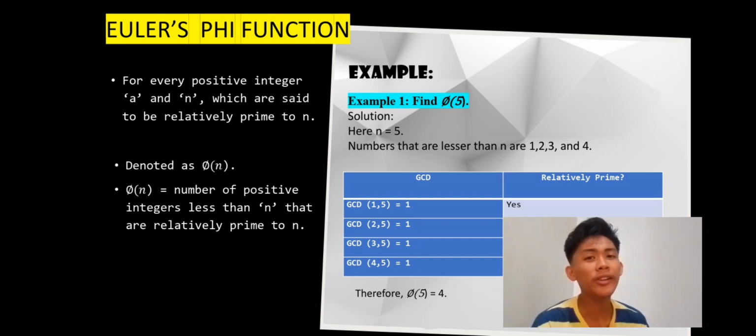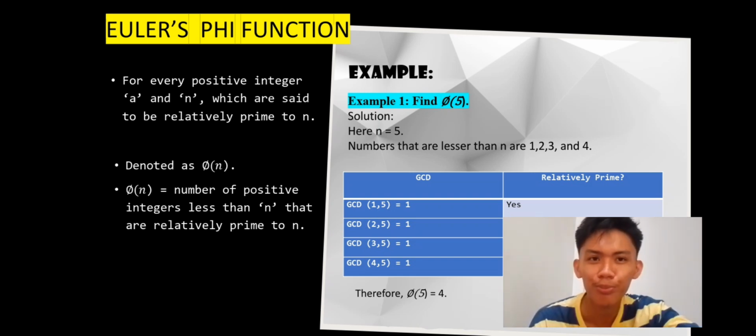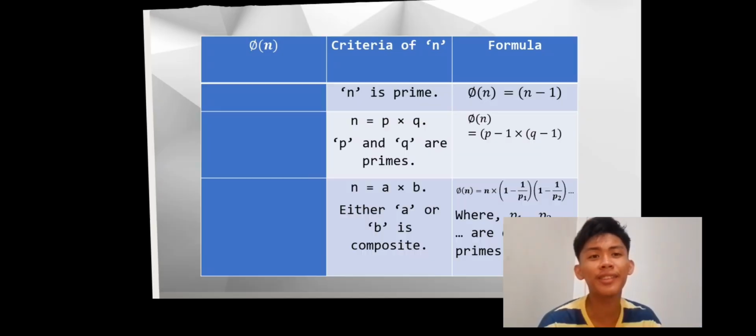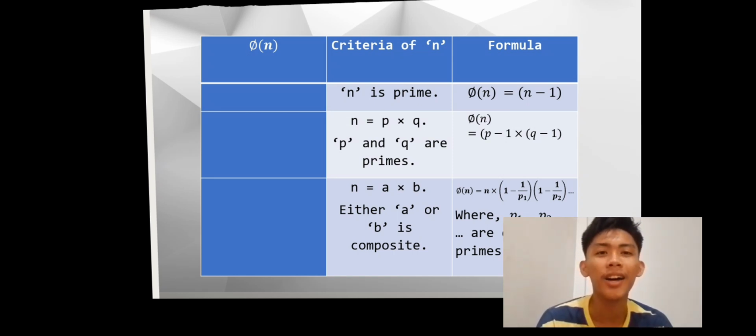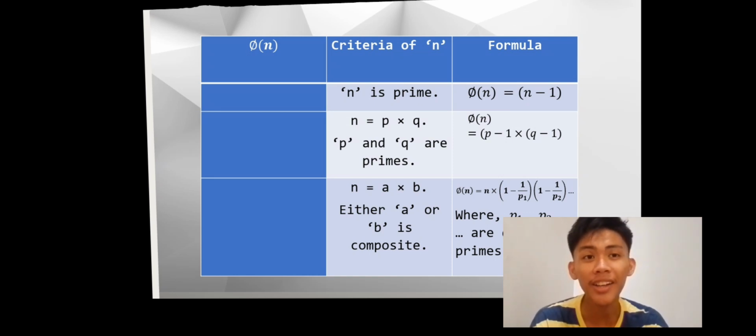In Euler's Phi function, there are 3 cases. The first case is when n is prime, so we can use the formula phi of n is equal to the quantity of n minus 1. Case 2 is if n is equal to p times q, where p and q are prime. We can use phi of n is equal to the quantity of p minus 1 times the quantity of q minus 1.